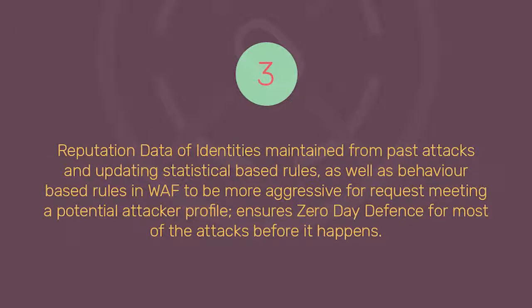And once you have a firewall and signatures, then, because you have signatures of known good and bad attacks, you can build your own reputation data of the identities from where bad attacks have happened in the past, and then use that as the basis on which statistical rules and behavioral profiling can happen.